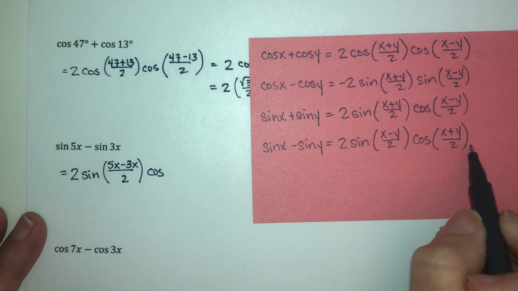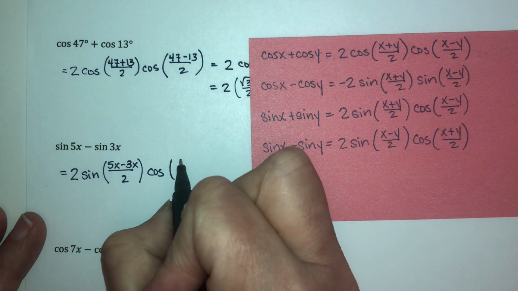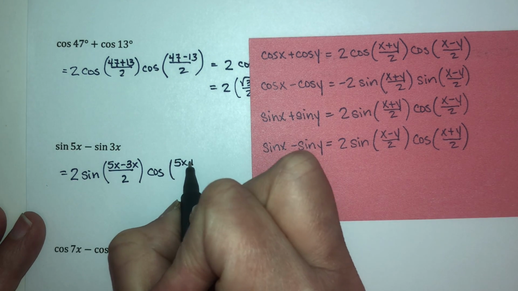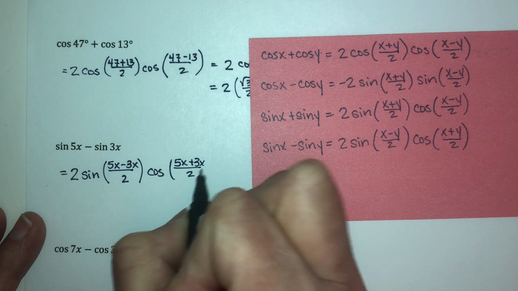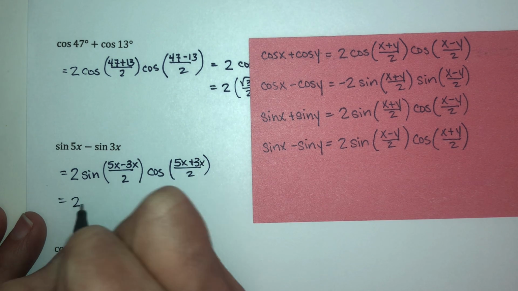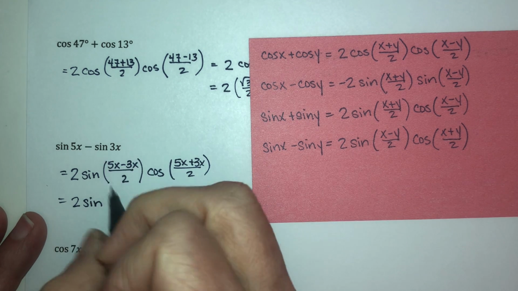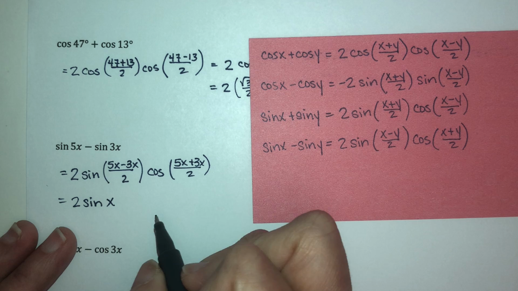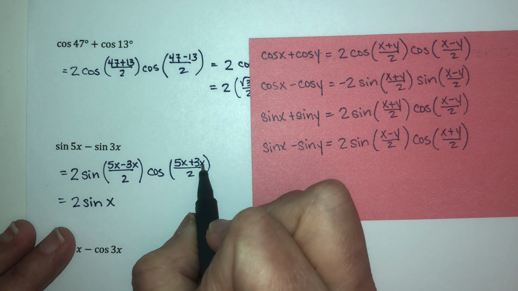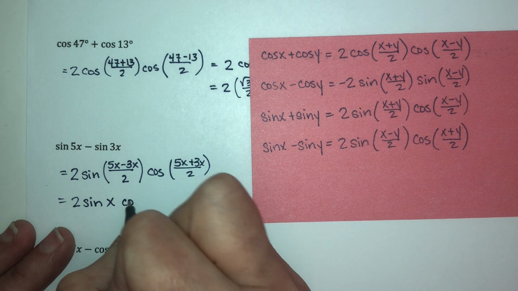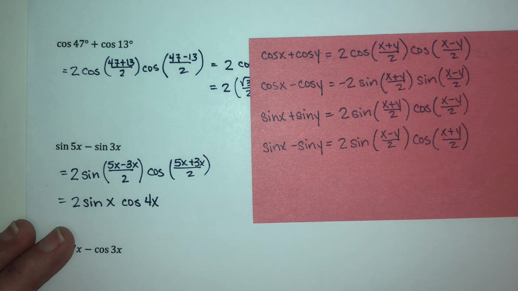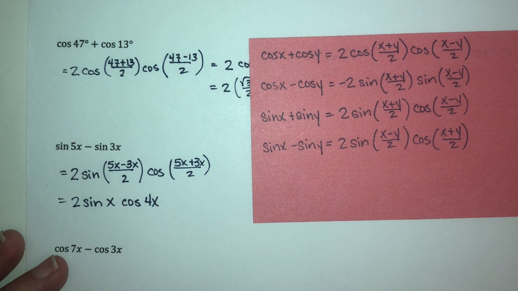Cosine of them added together and divided by 2, so 5x plus 3x divided by 2. 2 sine of 2x divided by 2, so that's just 2 sine x. And 8x divided by 2 is 4x. So that is 2 sine x cosine 4x, and that's as good as that one gets.